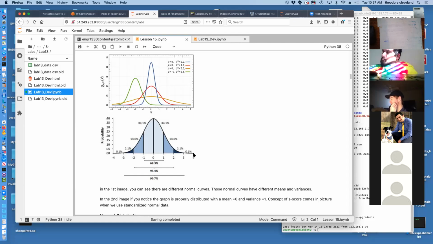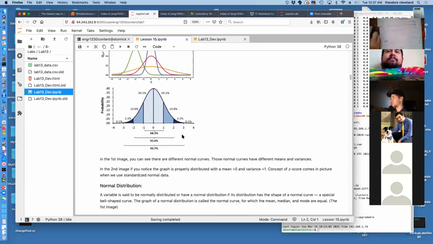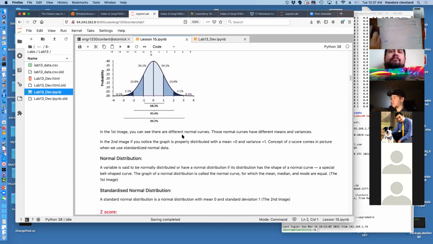So I would conclude that it's likely that that particular observation did not come from this distribution. I have no guarantee, but it's pretty unlikely it came from that distribution. It's more likely it came from a distribution that's shifted to the right relative to this one. Okay, thank you.